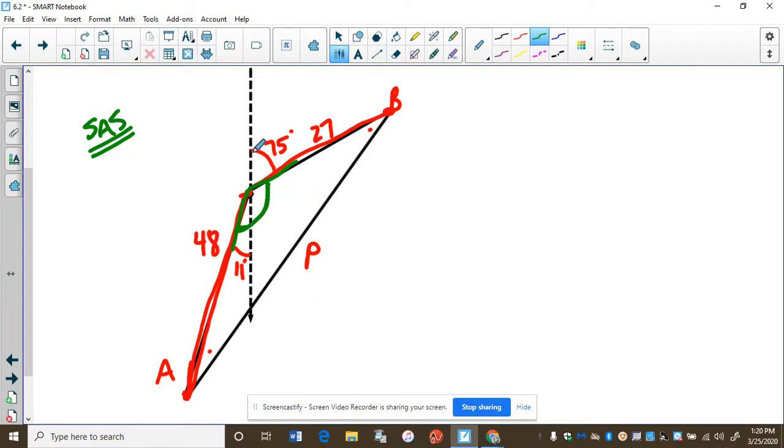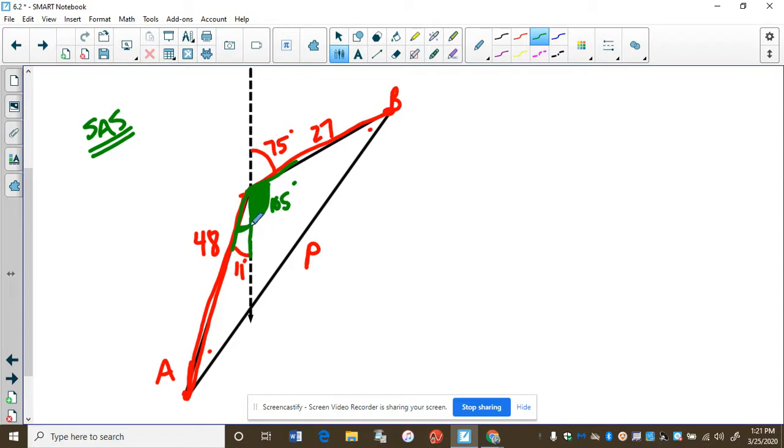Okay, so what we have here, every north-south line is a vertical line, right? So the measure of the angle that starts here and comes all the way over, that's 180. Well, I have this piece right here. This is 75, which means this piece right here is 105 degrees, right?